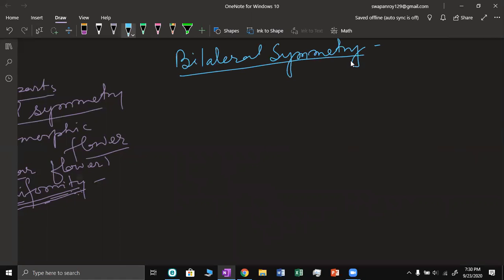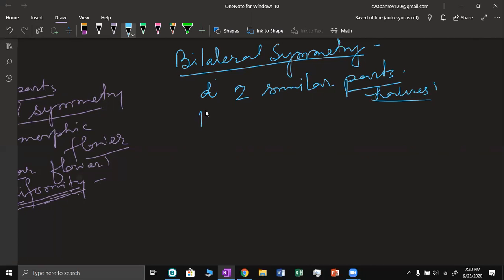Bilateral symmetry means these flowers are slightly pressed from two sides, and these flowers can be divided into two similar halves through only one plane. Only one plane.